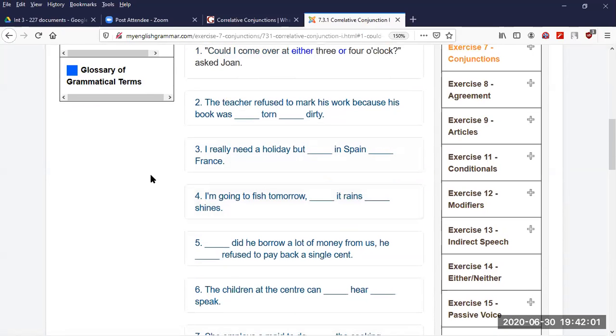The teacher refused to mark his work because his book was something torn, something dirty. So here we have a description. So the book is torn, the book was torn, and the book was dirty.